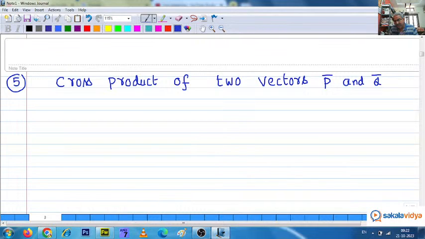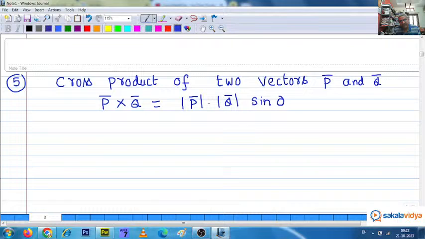Read as p cross q, and defined as, you can write like this, p bar cross q bar is equal to mod p mod q sine of the angle between p bar and q bar, say theta, and n cap. You need to write n cap. N cap is the unit vector.